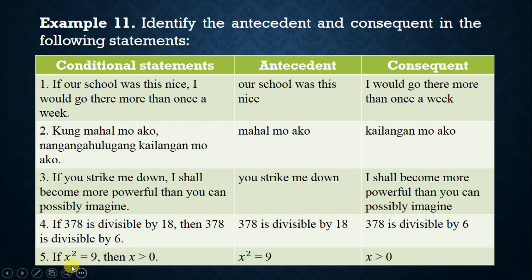And lastly, if x squared equals 9, then x is greater than 0. So the antecedent here is x squared equals 9, and the consequent is x is greater than 0.